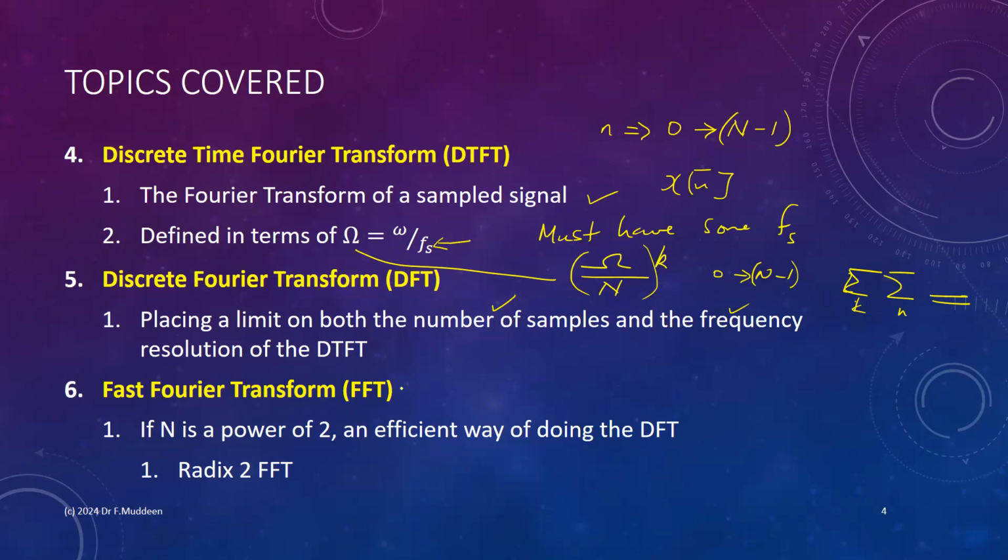And it produced a particular version of the DFT called a fast Fourier transform. We looked at one because we were dealing with power of 2, so it's called the Radix 2 FFT. There are other versions that are used around for various applications, and each has its own advantage or disadvantage depending on what you're dealing with.